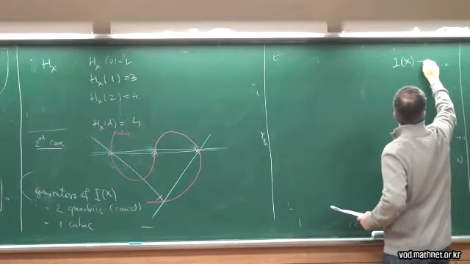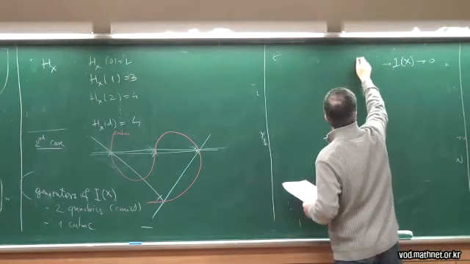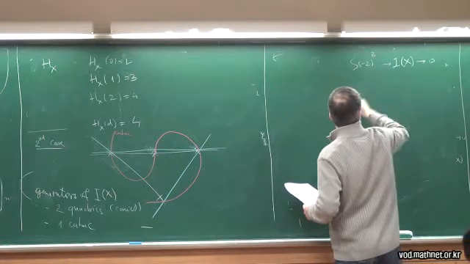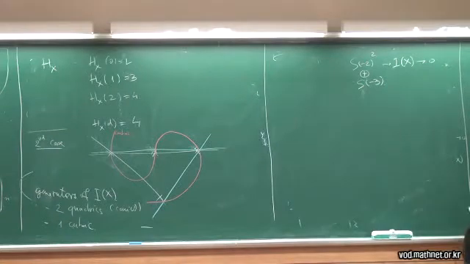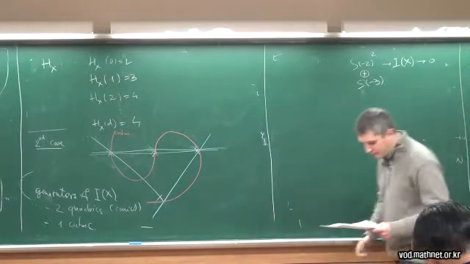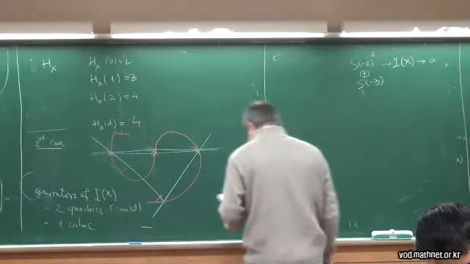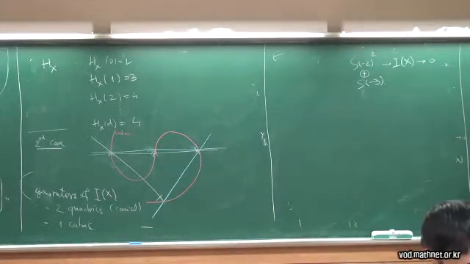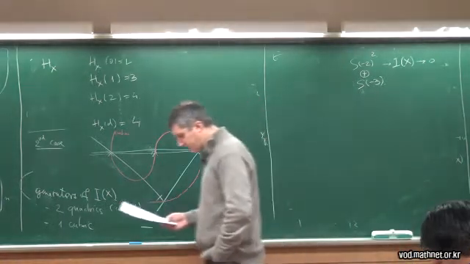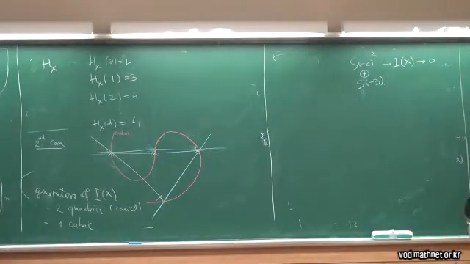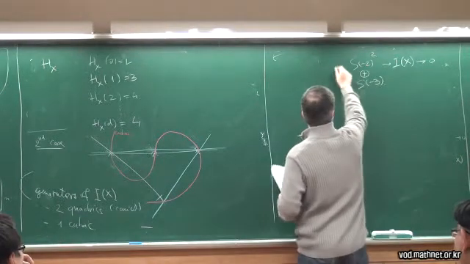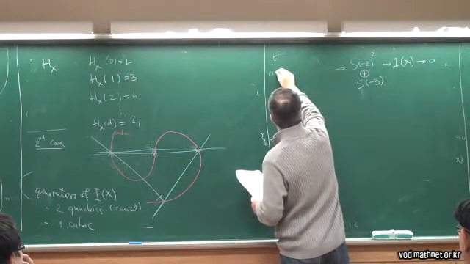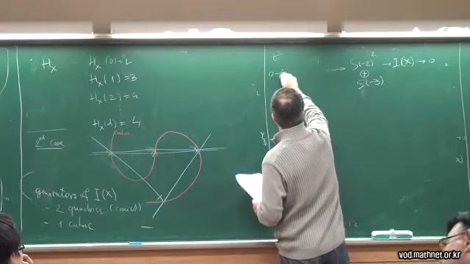So the ideal will be generated by S minus 2 copies, plus S minus 3. So this is for the two quadrics, and this is for the cubic. And if we analyze, because we can write this in coordinates, the relations, we will notice that there is one linear relation and one quadratic relation.